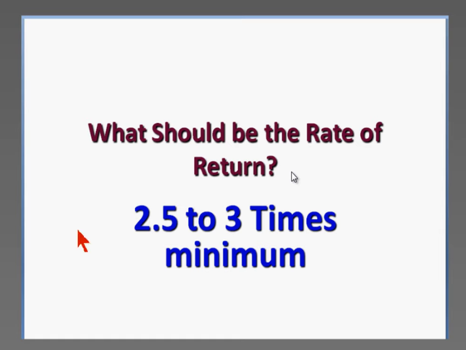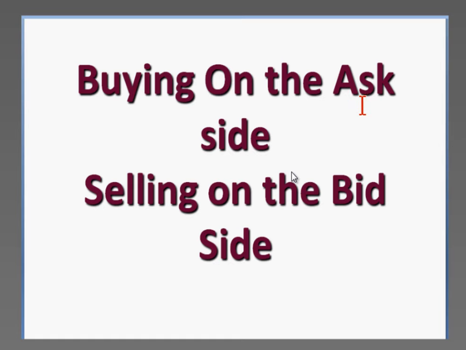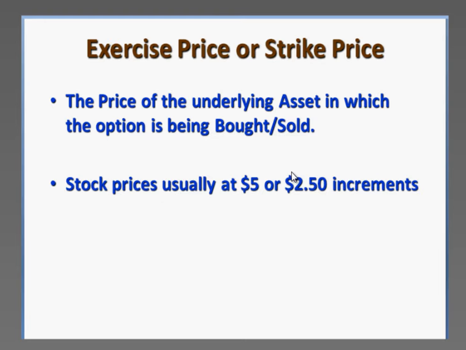A lot of people say, well, what about 50-50 if you're right most of the time? Because of the elements that we have to put up with in buying options. First of all, we're buying on the ask side, and we're selling on the bid side. So we've already got that bid-ask spread against us.